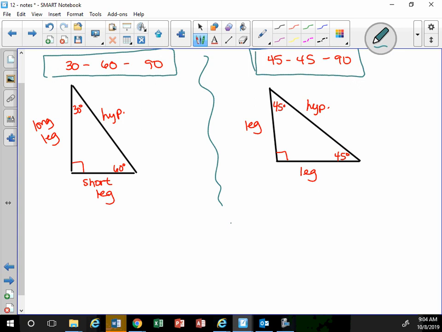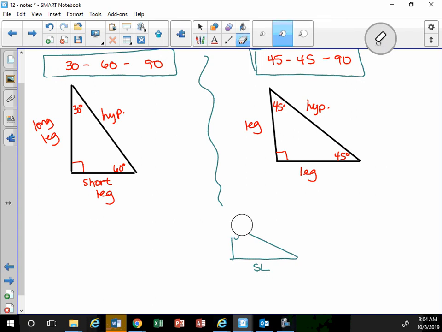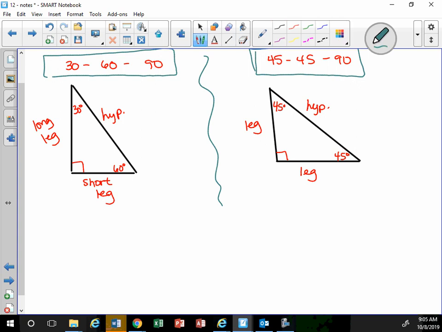You could have something that looks like this, and I could say, hey, that's the 30-degree angle. Does it look like it? No, but if that's 30 degrees, that means that side is the short leg. So don't trust what the picture looks like, trust what the angle says. All right, then how you find missing pieces.